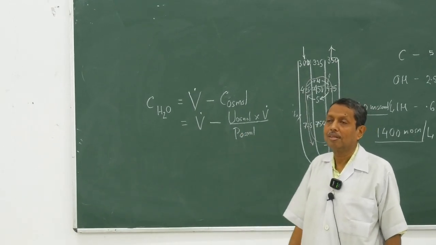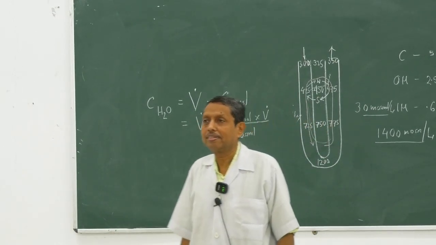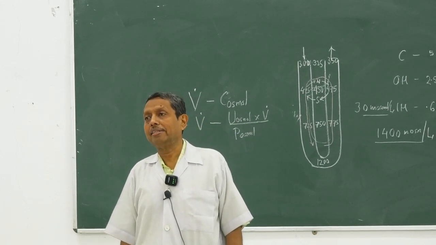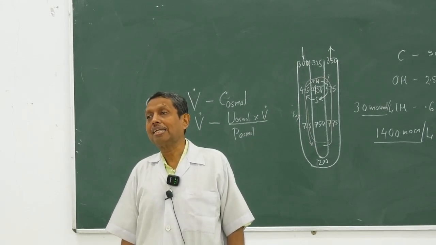By this formula, free water clearance is the volume of urine, V, minus the clearance of the osmoles, C osmo.